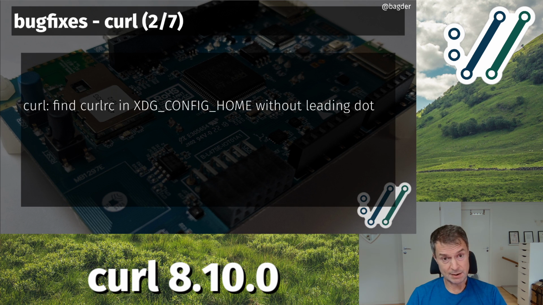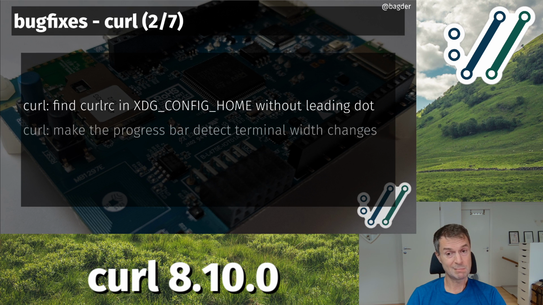I also finally fixed it so that when curl looks for the .curlrc file in the XDG config home, which on a typical Linux machine is .config/curl, it should be looked for without a dot, and now I think it does.